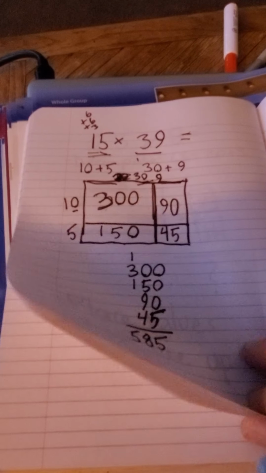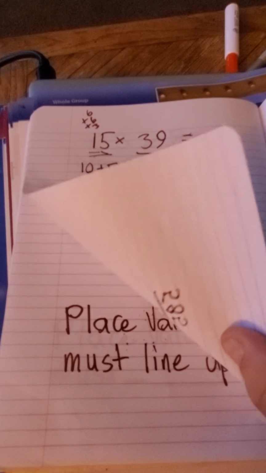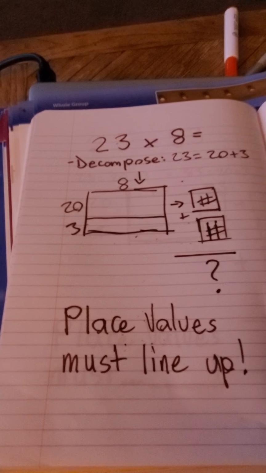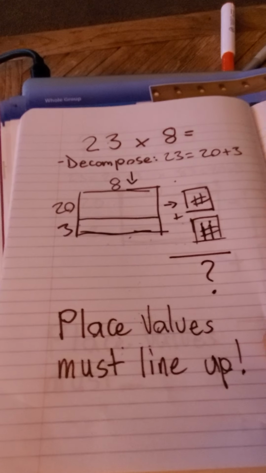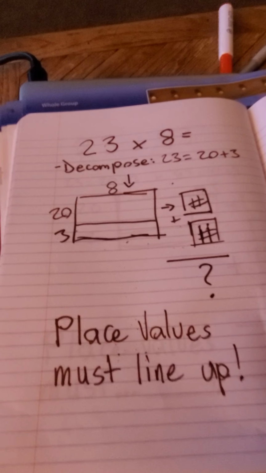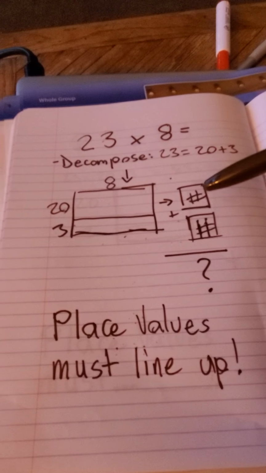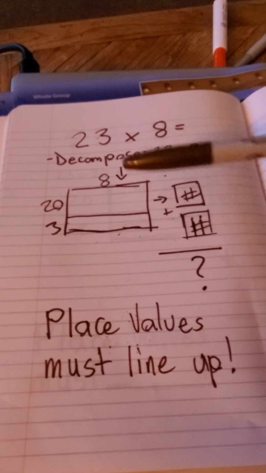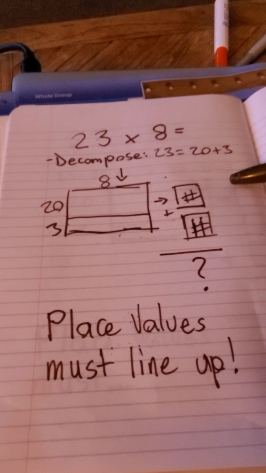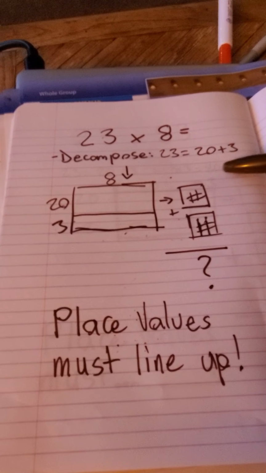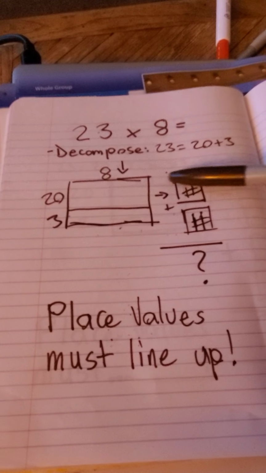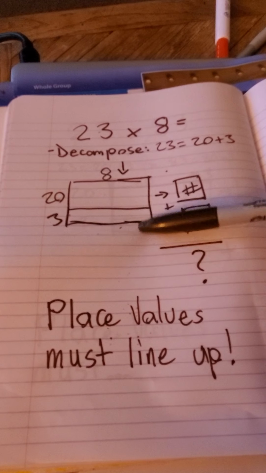And then I went ahead and made some independent practice for you. I kind of walked you through a little bit. I set this problem up, and I have done everything but actually do the math. I wrote the problem, I decomposed it, and I set the box up for you.